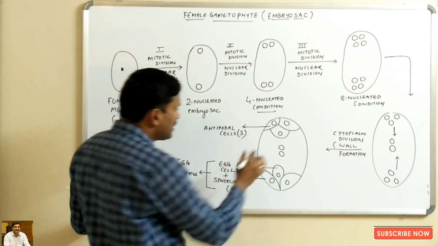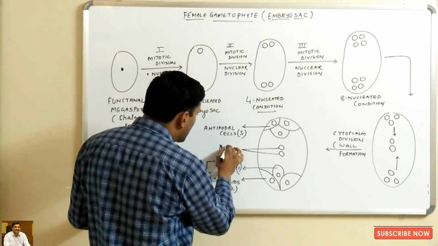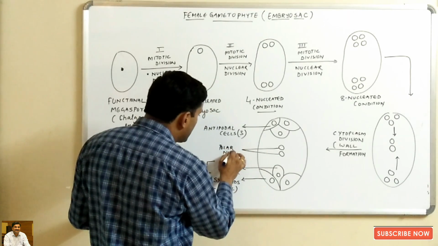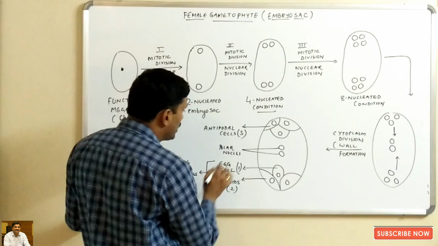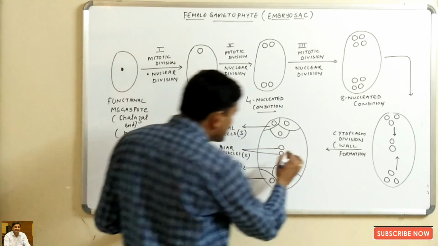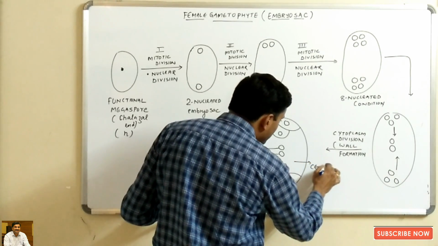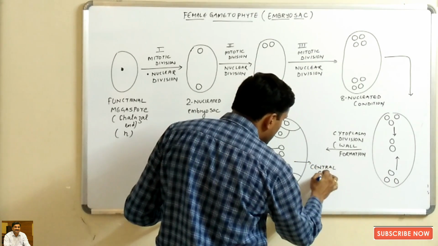And at the center there are 2 nuclei and these 2 nuclei are called the polar nuclei. They are 2 in number. And this cell is called a central cell.